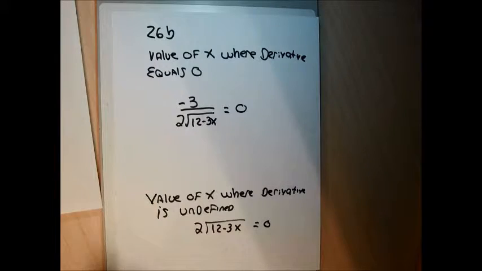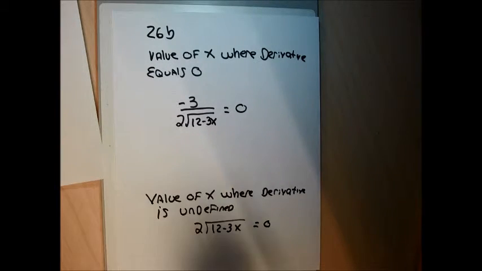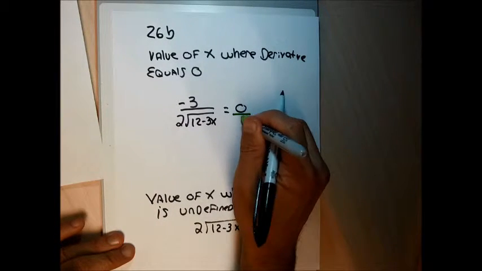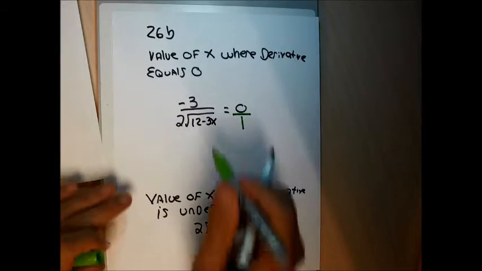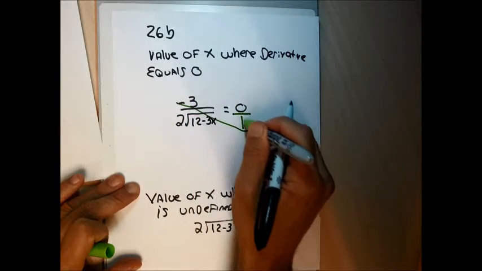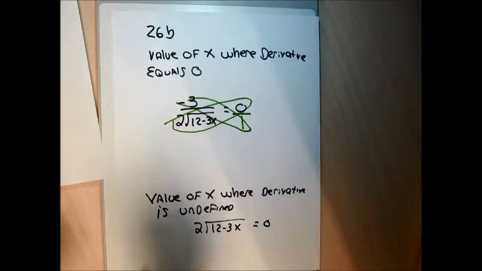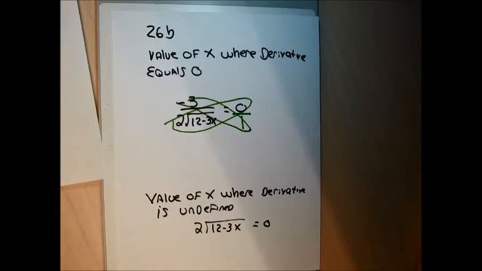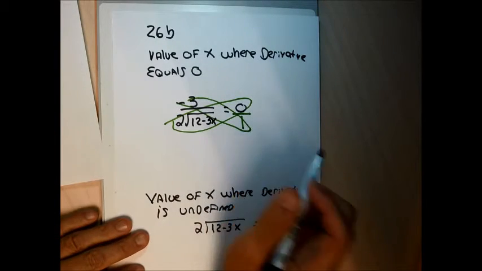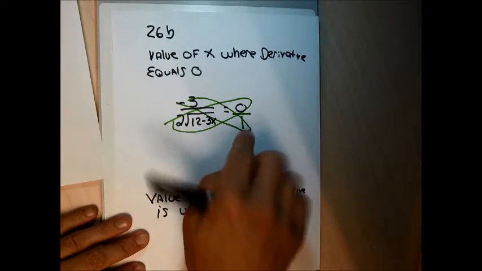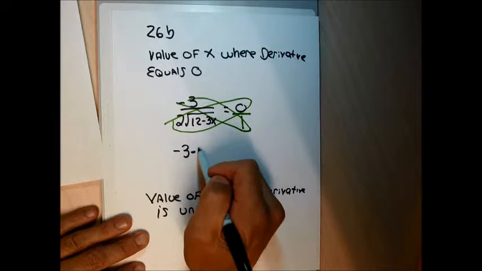For the values of x that make the derivative equal to 0, I set the 0 equal to a fraction and cross multiply. If I was being clever, I would have shortcutted this step and just set the numerator equal to 0. But I wasn't being clever, so I'm doing it the maybe proper way. So cross multiplying down, you get negative 3 times 1.